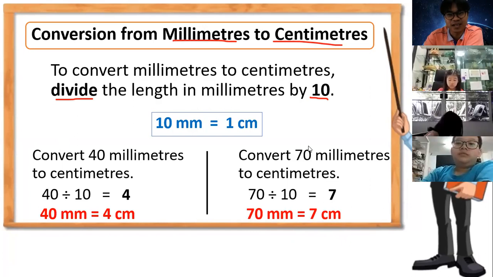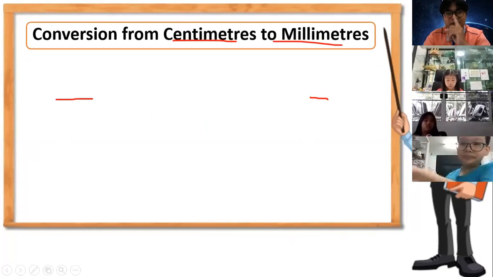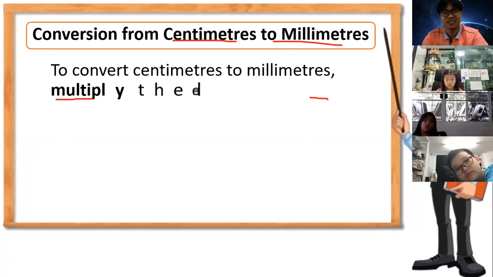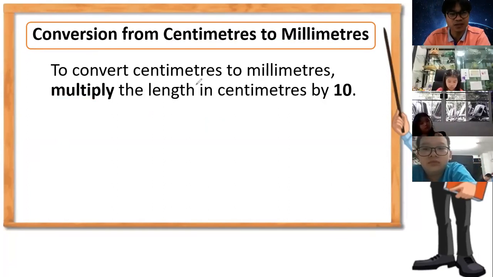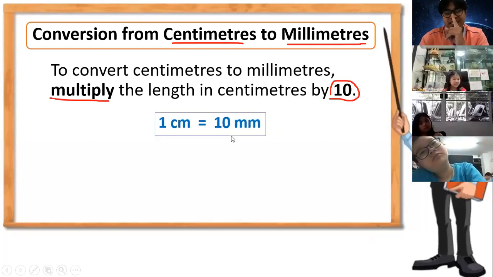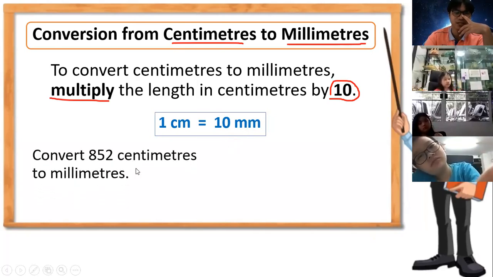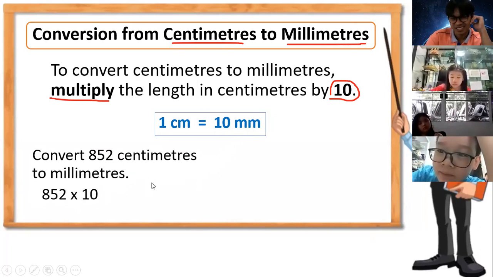Next. Another one here. If you convert centimeters to millimeters, what do you do? Multiply times 10, because 1 centimeter is equivalent to 10 millimeters. So for example, 852 centimeters to millimeters, times 10.